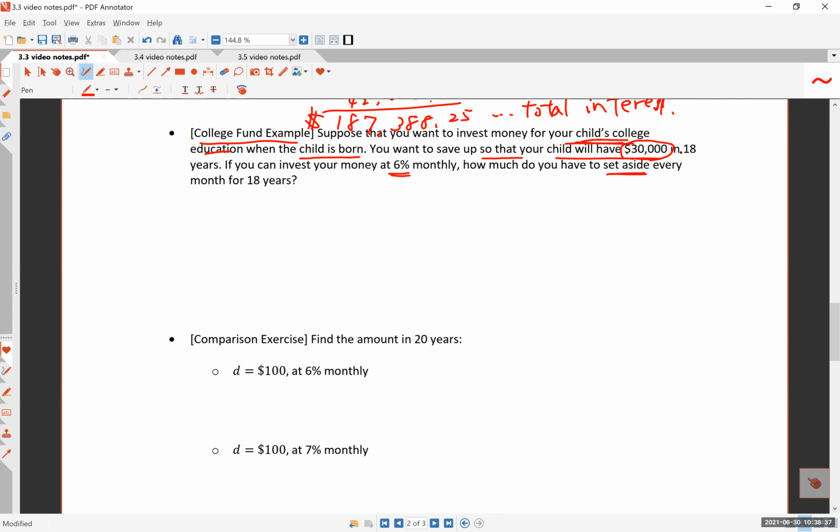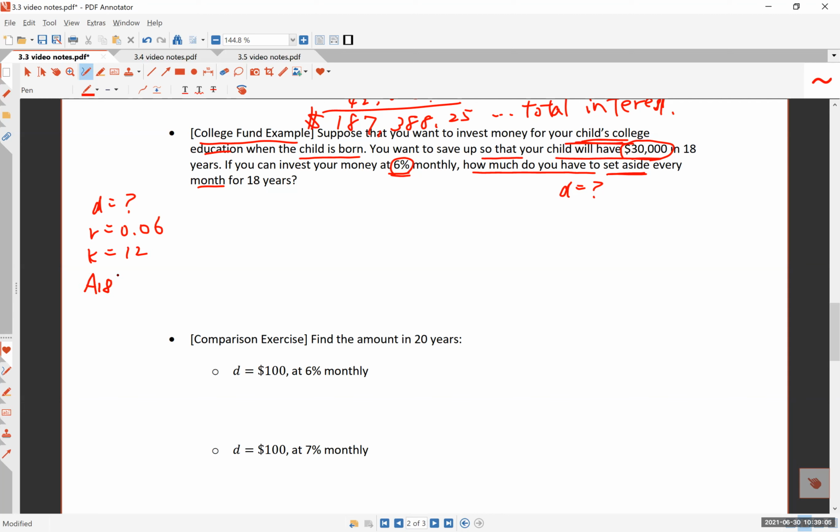Okay, well, you notice here, you are not given the amount D, right? The question is, how much do you have to invest every month? So we don't know what the D is, but we do know everything else. So D is the question mark. R is given as 6%. And of course, we assume that because you are investing every month, K is 12.